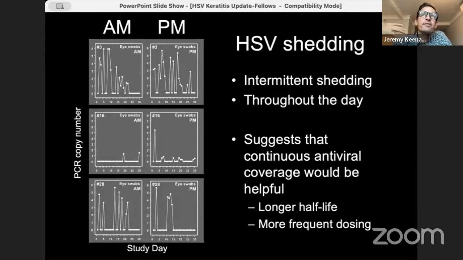And so the thing that's going to be causing epithelial keratitis and an endotheliitis is viral shedding from the trigeminal ganglion. And so to prevent that disease, what we want to do is prevent that viral shedding from happening.